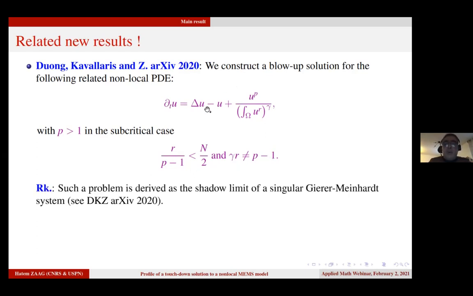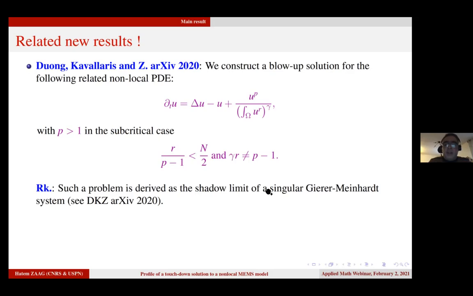This model is not just mathematical, it comes from the Gierer-Meinhardt system, which is in fact a system. We make a singular limit and we take the so-called shadow limit and we end up with this PDE.